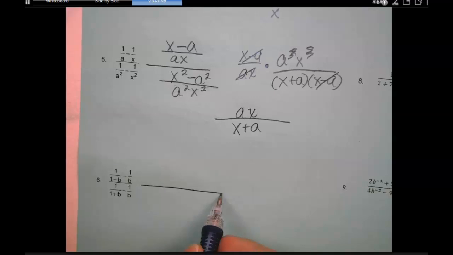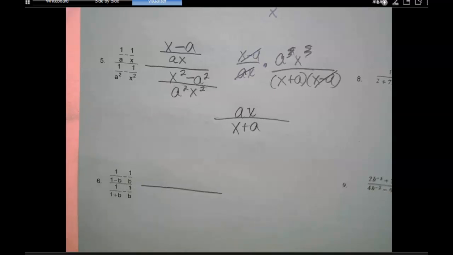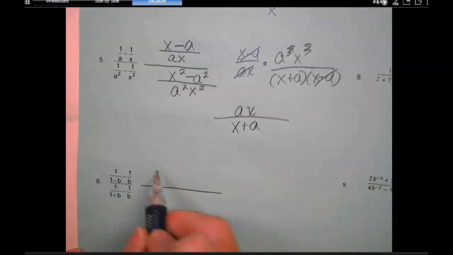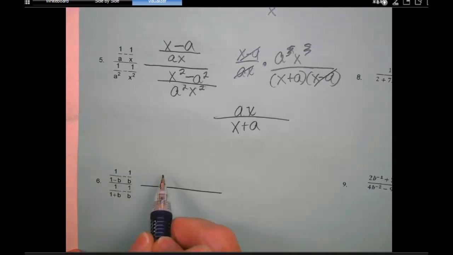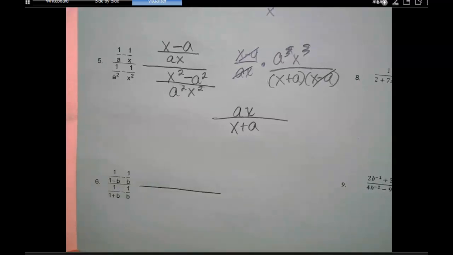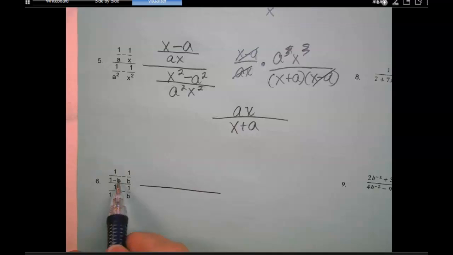So on this side, can you tell me what my common denominator would be? B times B plus 1. Okay. But before I move on, can I take a negative out of the 1 minus b because it's backwards?